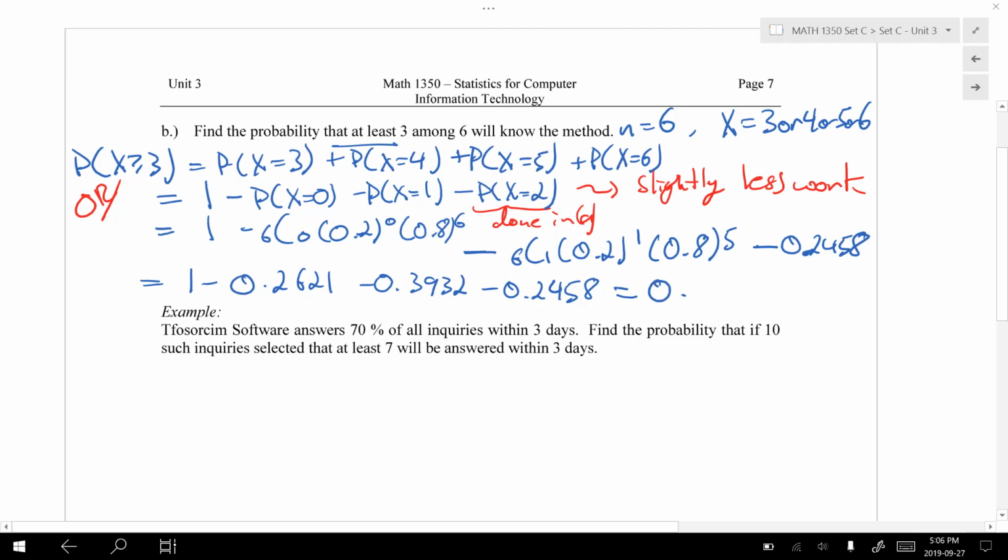Once we subtract them from 1, it's getting smaller, to a little under 10%, 0.0989.